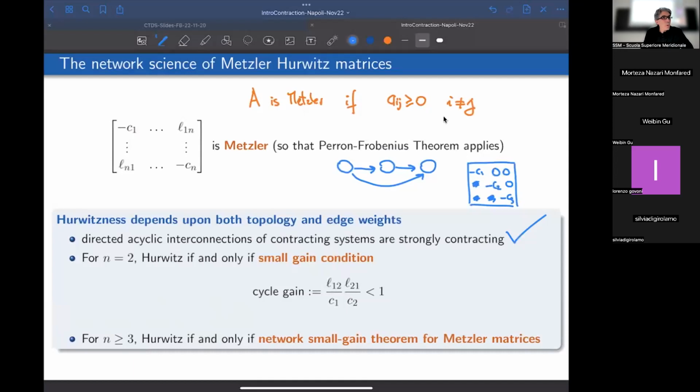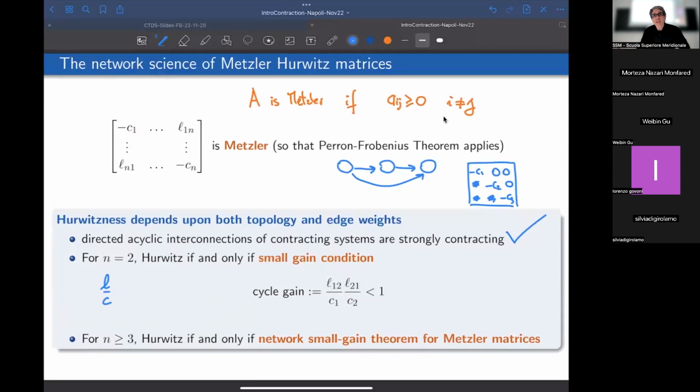However, when you have cycles, it is not true that the interconnection is always stable or always contracting. And this goes back to the classic topic of small gain theorems in control and dynamical systems. Now, remember I told you earlier that with a single input system with the disturbance u, the final asymptotic size of the state is L over c.